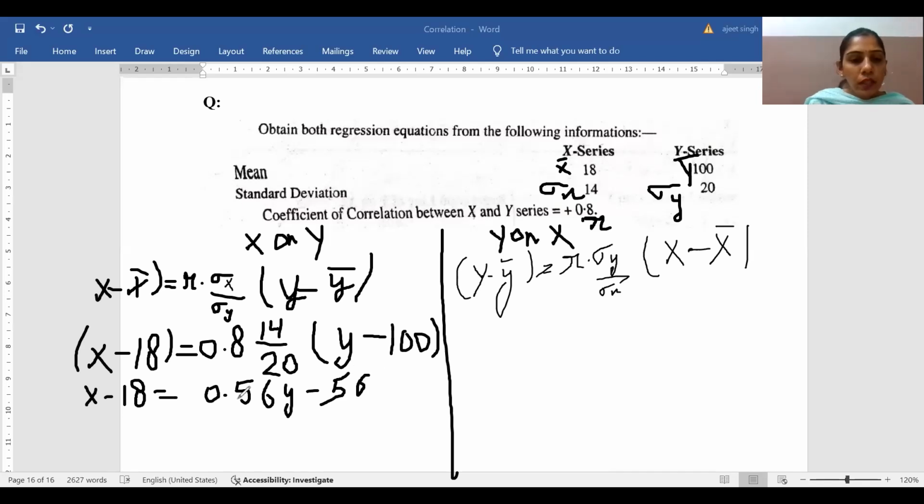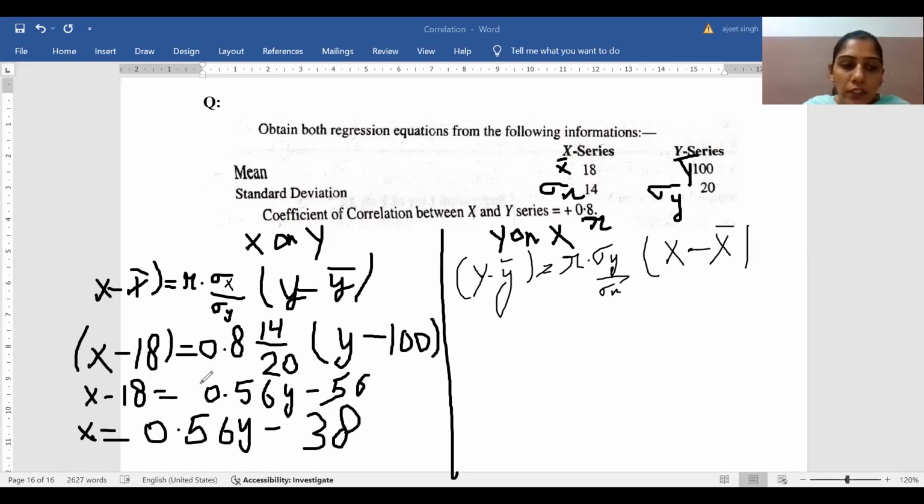Now x is equal to 0.56y, and we have to add this 18 to the minus 56, so it will become minus 38.